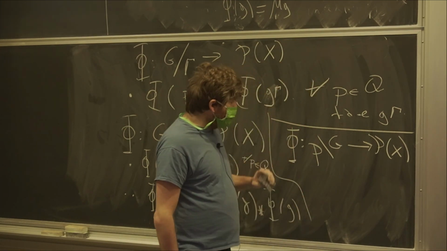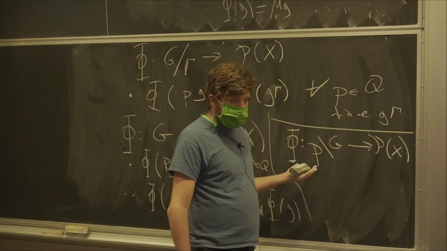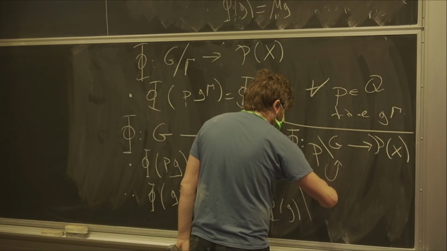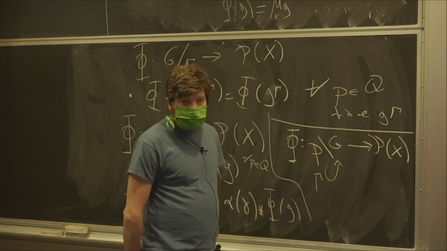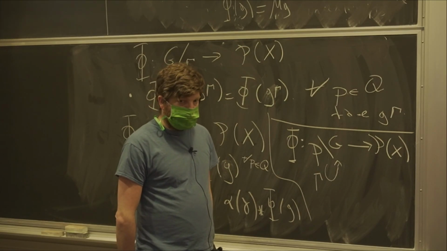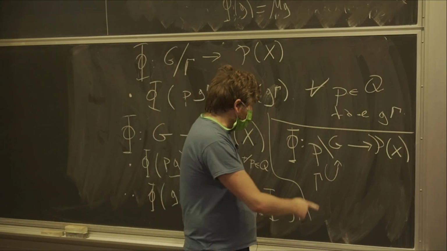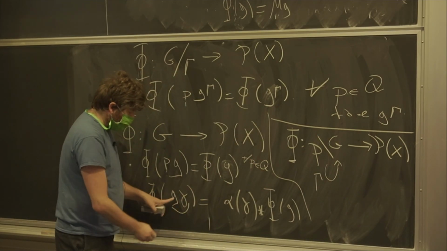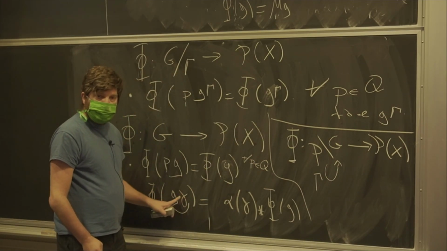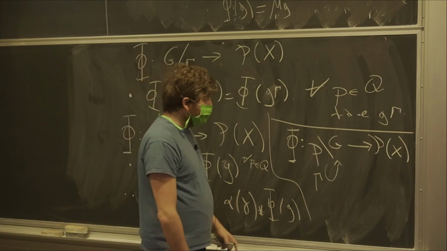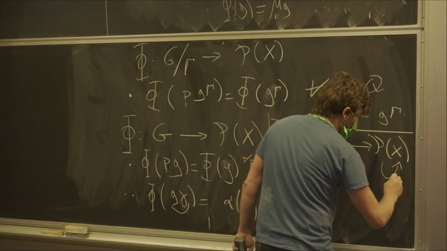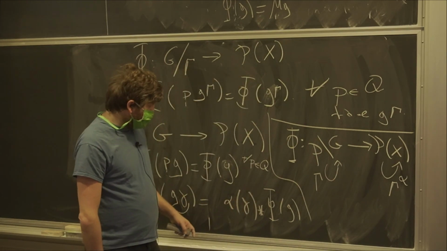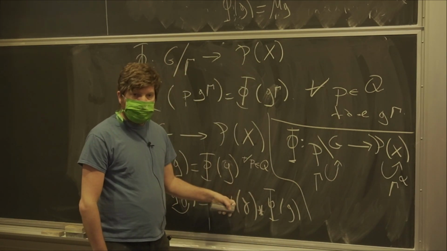So I have this phi function, which is Borel measurable, and I have the natural action of gamma here, which is this action multiplying by gamma, and I have the natural action induced by alpha here, which is this business here.